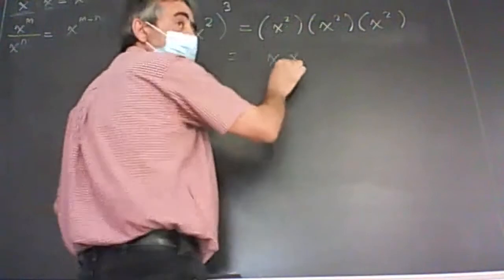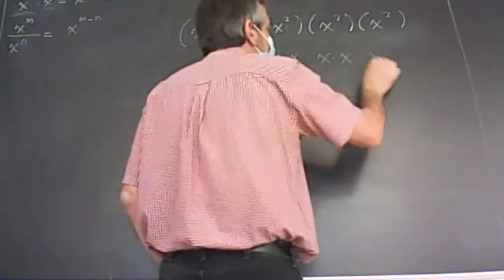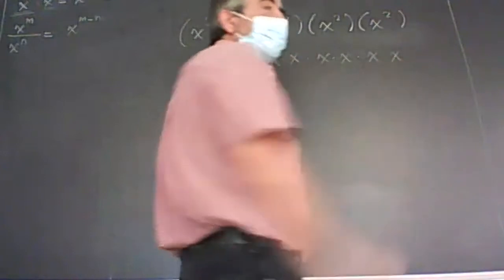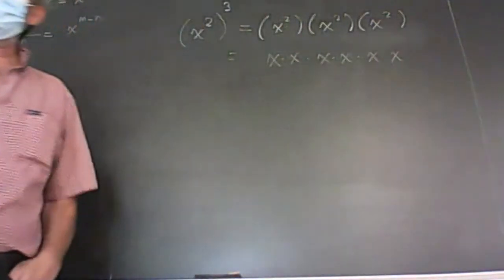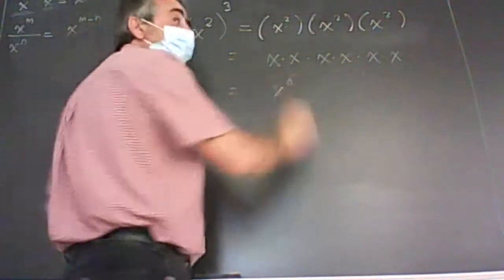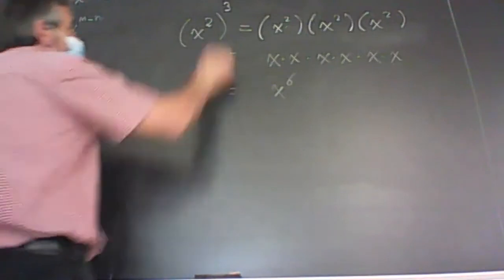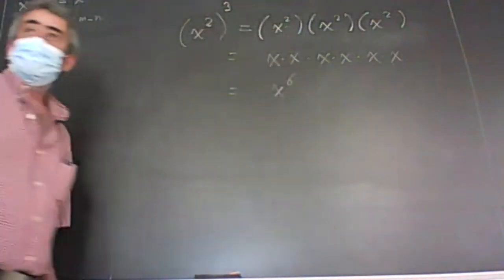So what is that? x times x times x times x times x times x. How many times do I have the x there? So that's x to the power 6. So we could have multiplied 2 times 3, we get 6.